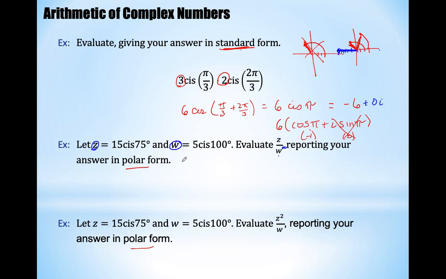This is a simple formula. Right, so all I have to do here is divide 15 and 5, and I get 3.